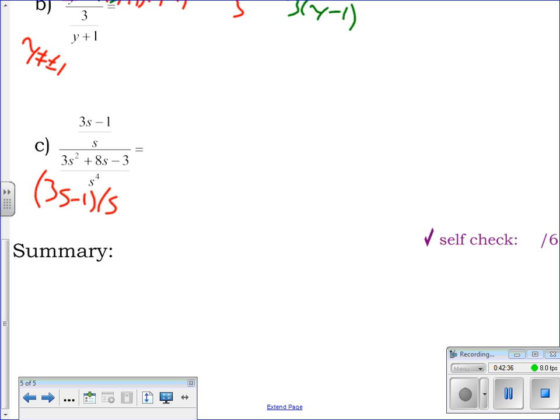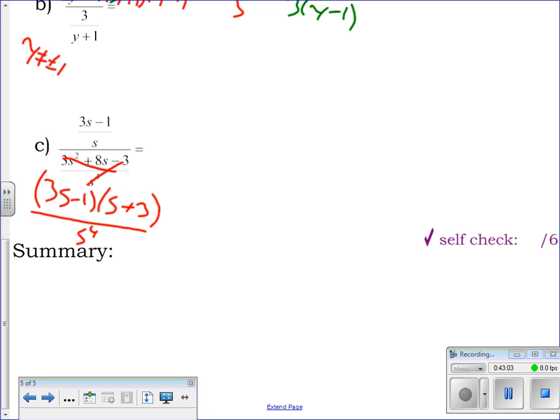And then 1 times 3, and it's negative 1, so it's 3 there, so I get plus 3. If I want to check to make sure this works, 3s times s is 3s squared, negative 1 times positive 3 is negative 3. 3s times 3 is 9s, negative 1 times s is negative 1s. Combine those, I get 8s. That's good. So this becomes that over s to the 4th.